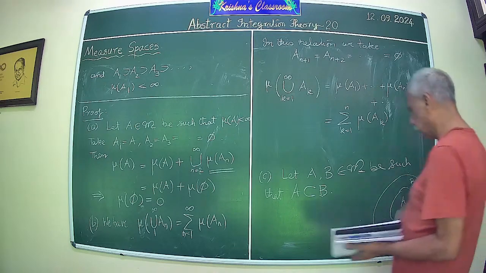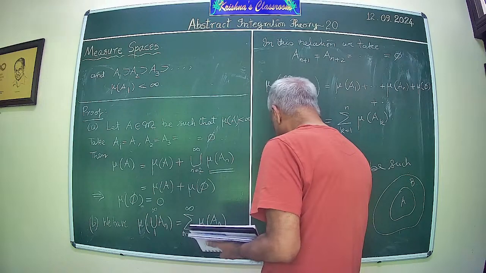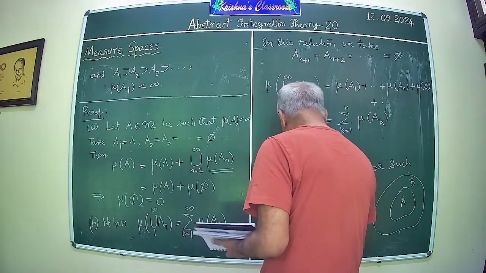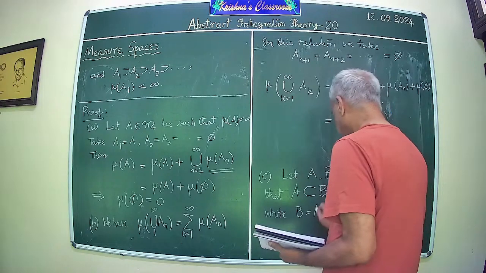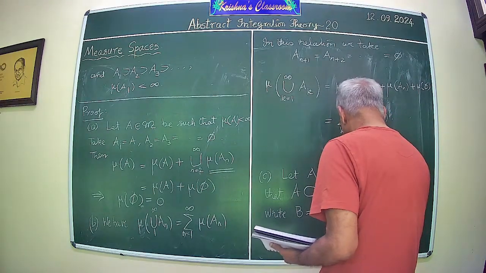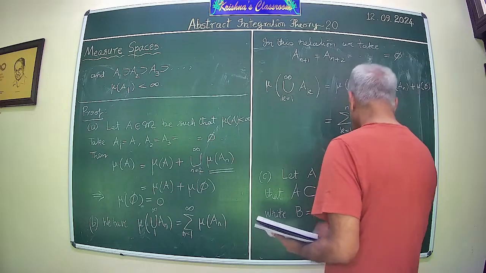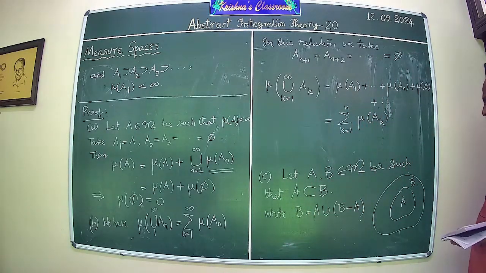You can split B, you can write B as A union (B minus A).